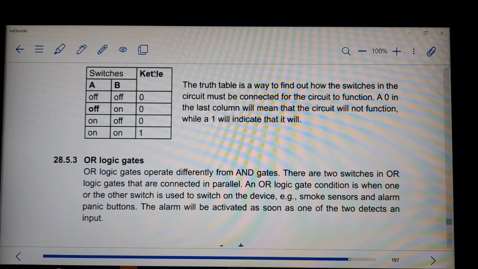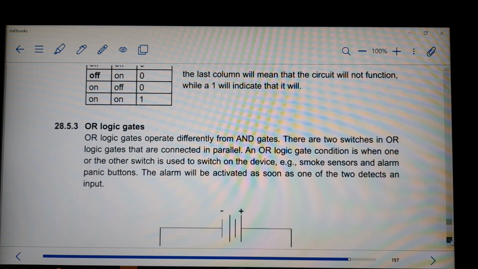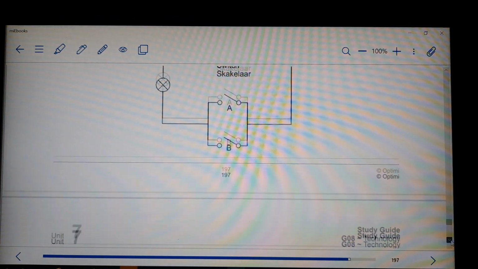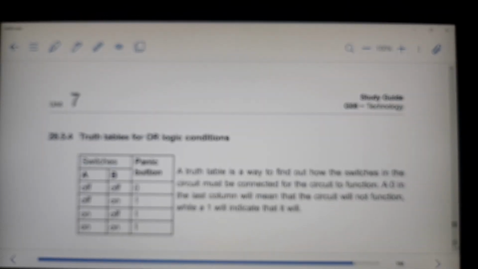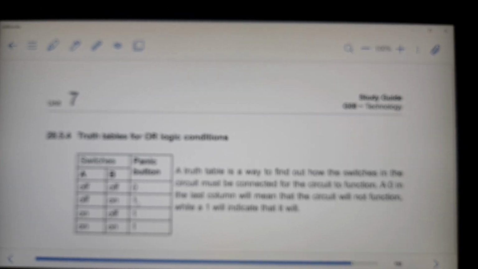So in the AND gate, there's only one way we can have 1, which is when we have two ons. Anything else will give us 0 on the AND gate. But on the OR gate, as long as we have one on, or both on, then we will have an output that is working.